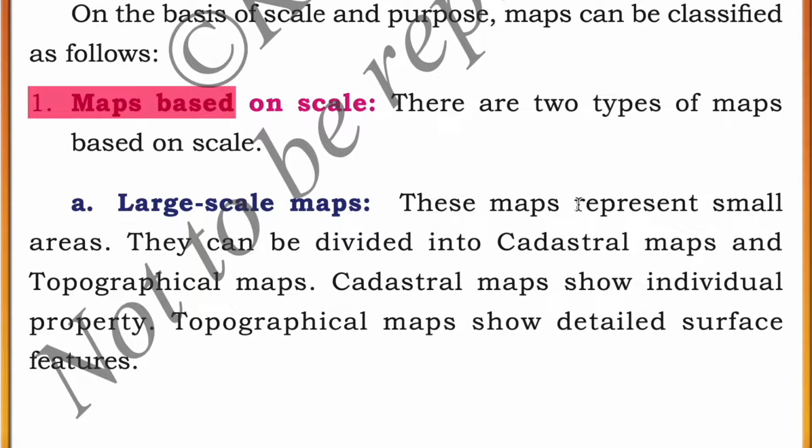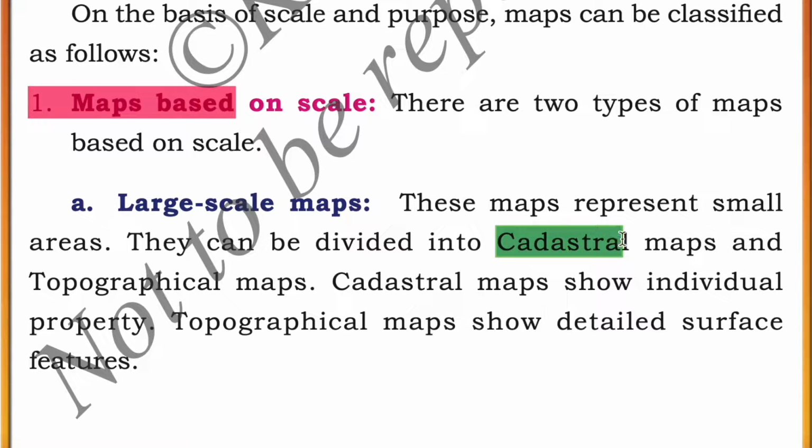So, these maps represent small areas and they can be further divided into cadastral maps and topographical maps. The cadastral maps are the ones that show individual property. Okay, so the large scale maps, we can divide them into two more categories.